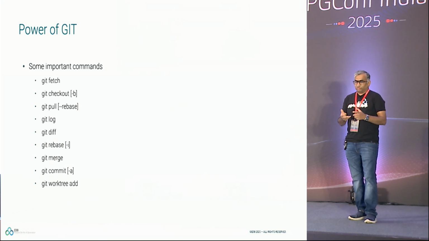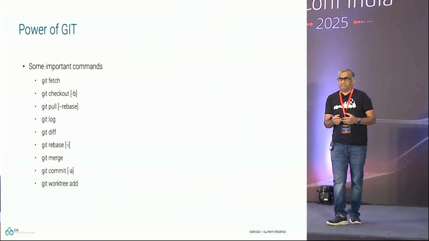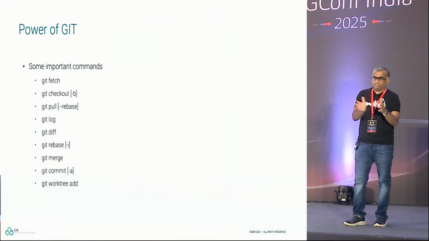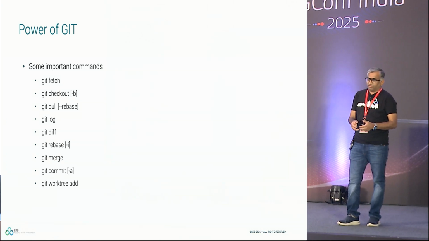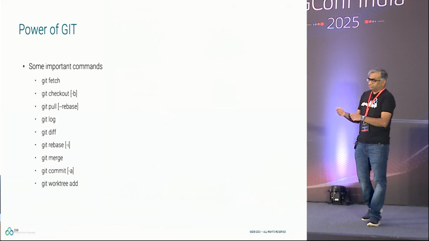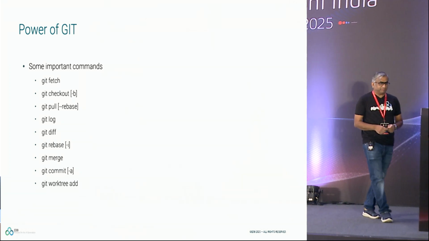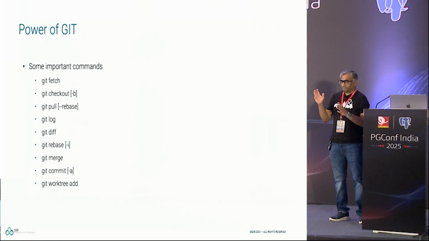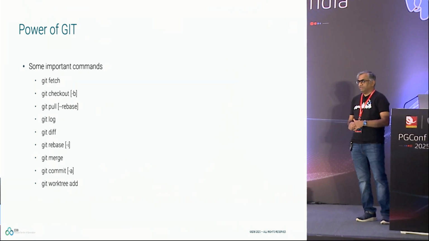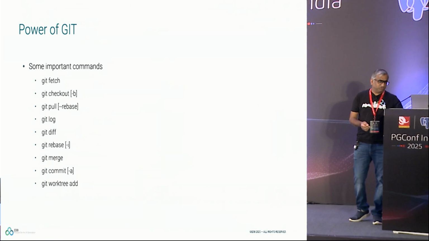So worktree gives you a very nice way by which you can create these, let's say, sub-environments within your main Git workflow, and then you can work on each of these worktrees separately. So if you haven't explored worktree, I would suggest you do look into it.